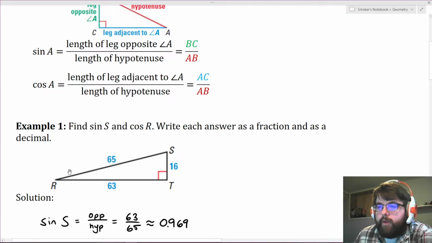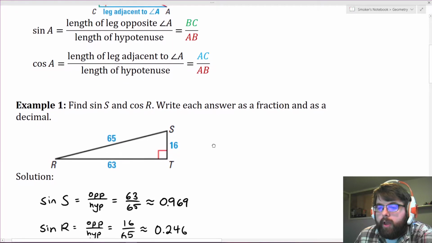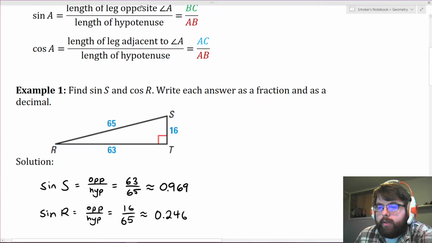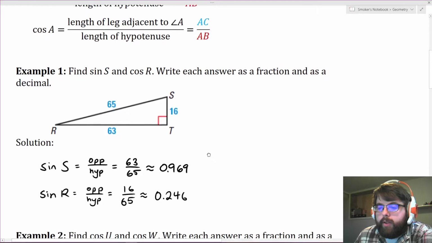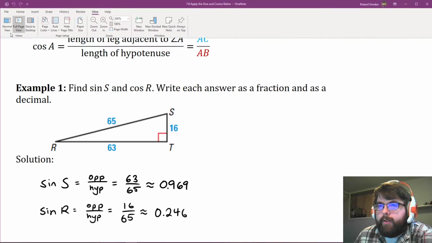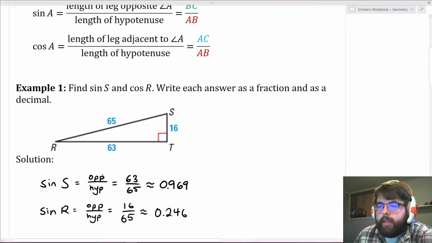They're asking for sine of s and sine of r. Sorry about that, there's a typo in this. It should be sine of s and sine of r.